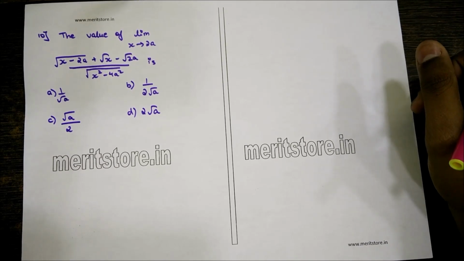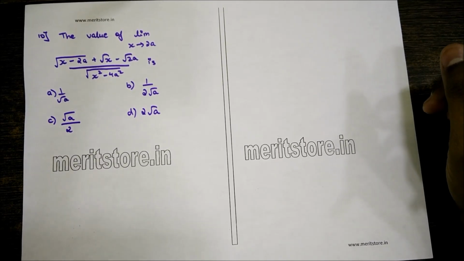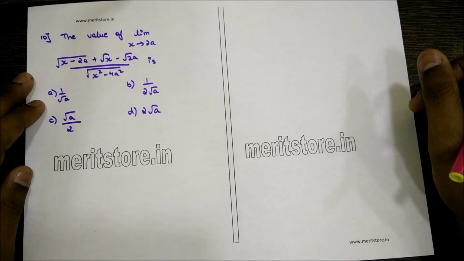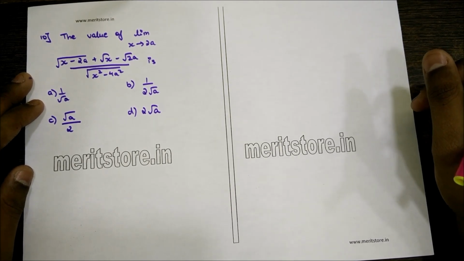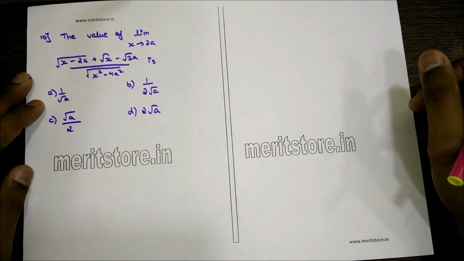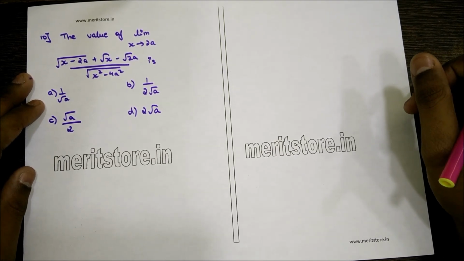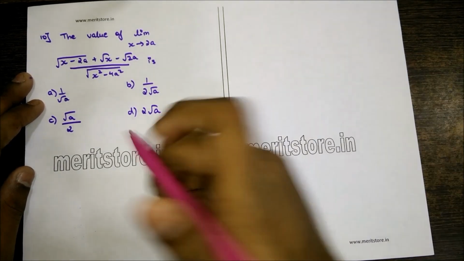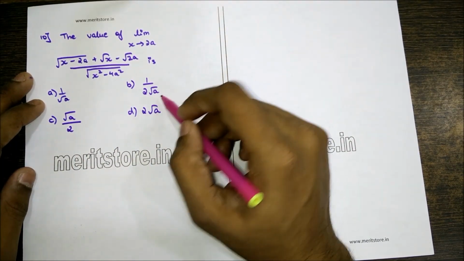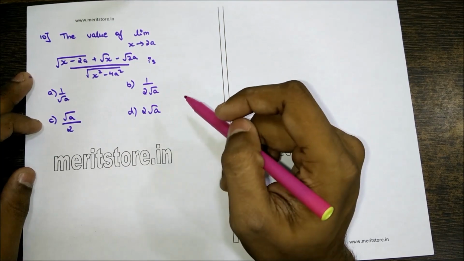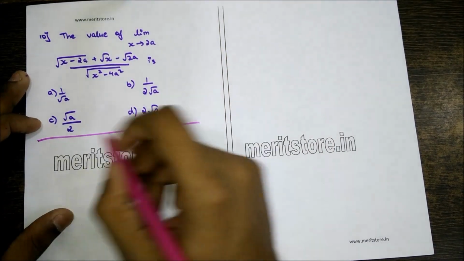The value of limit x tends to 2a of root of x minus 2a plus root x minus root of 2a upon root of x square minus 4a square is: a 1 by root 2 root a, b 1 by 2 root a, c root a by 2, or d 2 by 2 root a.